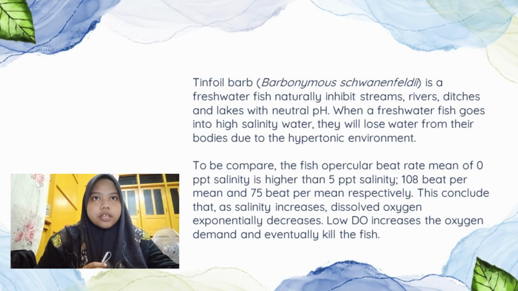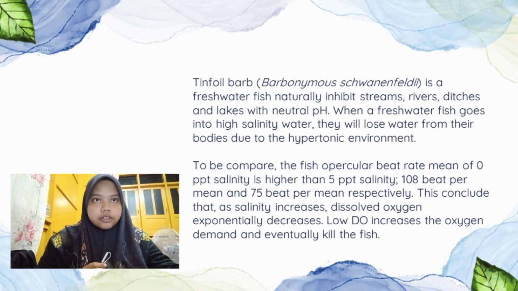To compare, the fish opercular beat rate mean at 0 ppt salinity is higher than at 5 ppt salinity, which are 108 beats per minute and 75 beats per minute respectively. As shown in the result, 0 ppt has a higher dissolved oxygen level than 5 ppt.